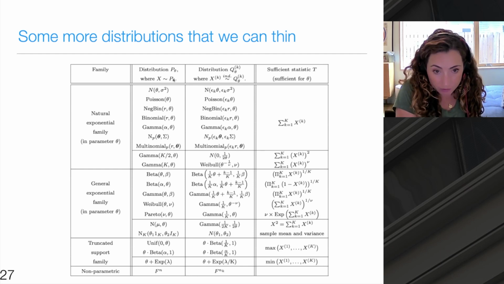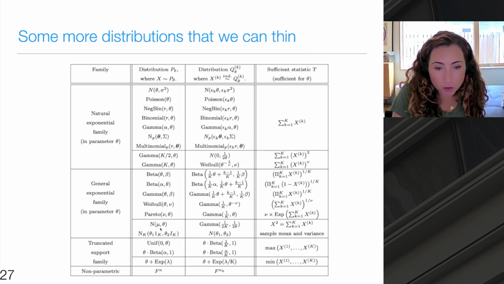The second question you asked was about Wishart. And the answer is yes, we can thin a Wishart, and it should be in this table. The relevant line is right here: we have normal mu theta with theta unknown. And then we notice that the sufficient statistic is x squared, which is the sum of the x's.